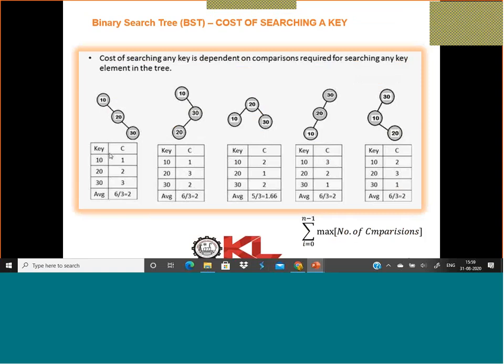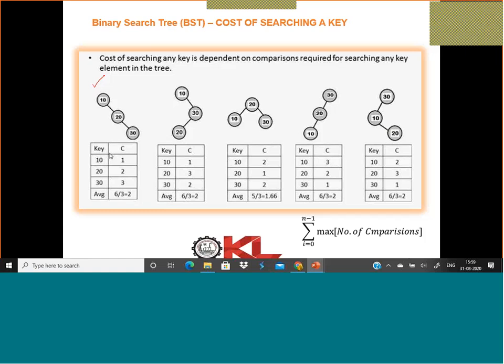Suppose I take the first tree, this one. If I take the first tree, how many comparisons are required to search the element 10? Because 10 is the root, only one comparison tells me whether 10 is available or not.